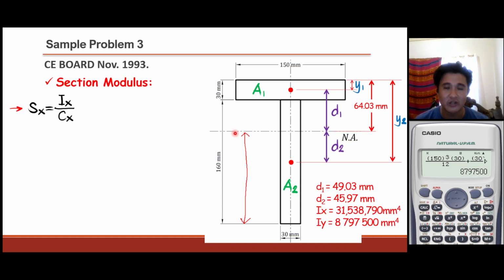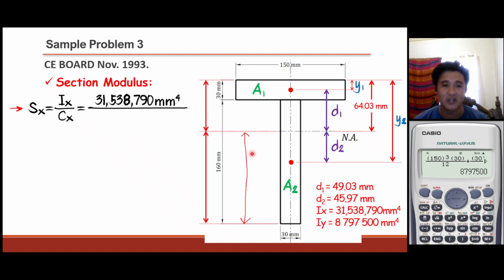Okay? So, syempre, ang pipiliin natin yung pinakamalayong fiber from the neutral axis o from the x-axis sa center of gravity. So, therefore, yung Ix natin, 31,538,790 millimeter raised to the fourth all over yung Cx natin. Yung Cx natin, pipili tayo sa dalawang distances na ito.